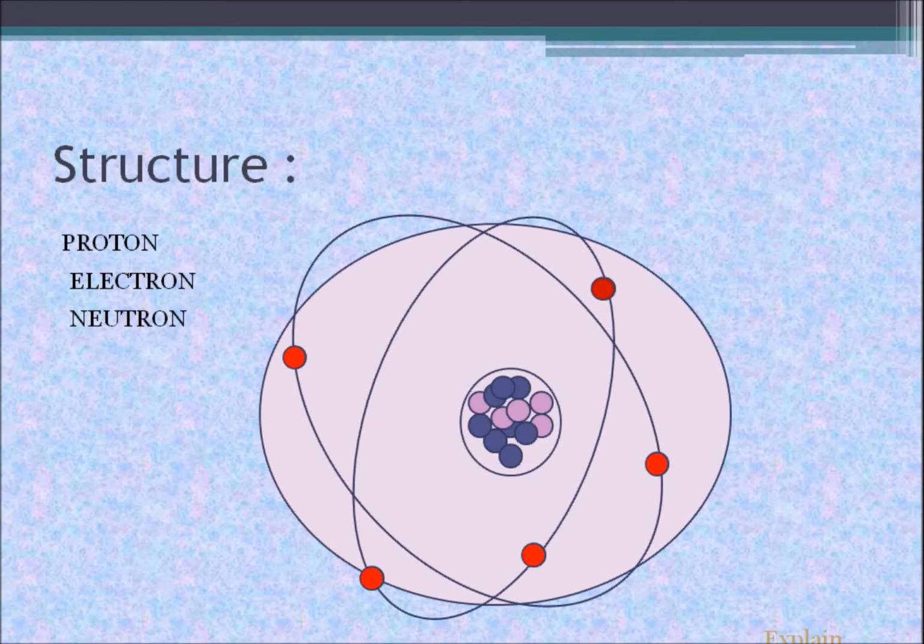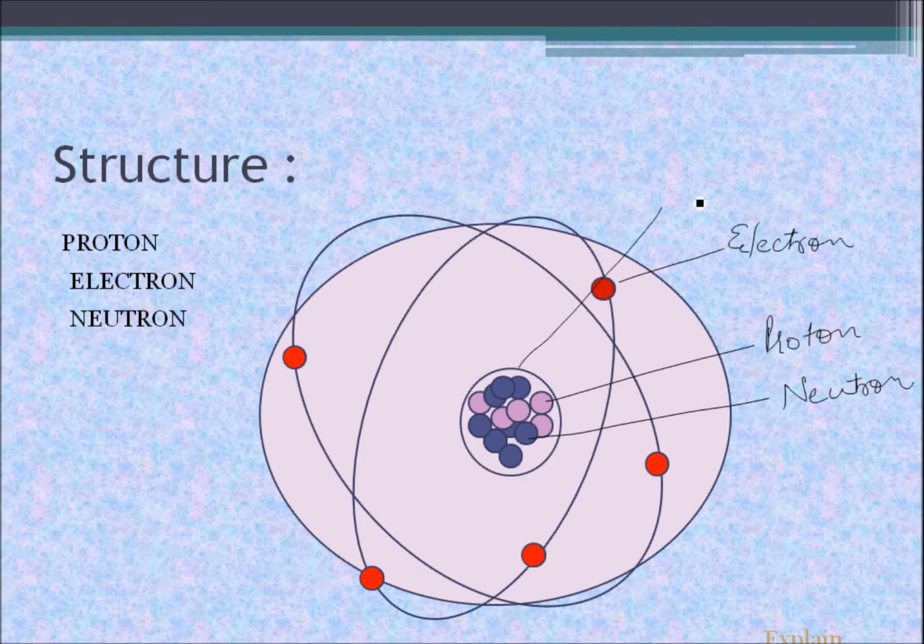So let's explain. So this is an electron. This is a proton. And this is a neutron. And the structure in the middle of the atom is called the nucleus, right?